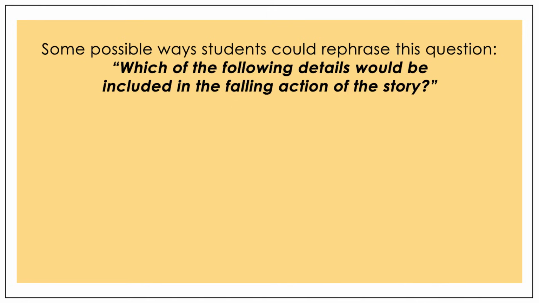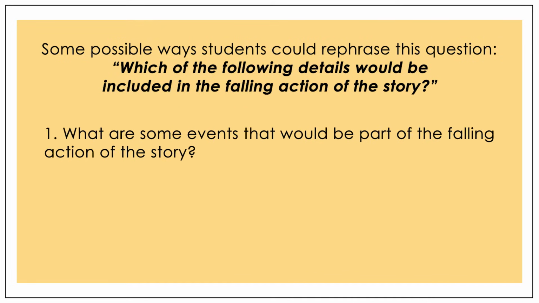So it can be helpful to come up with a brainstorm of ideas at first until students are able to confidently and quickly do this on their own if they come across a difficult question on a test. So some possible ways that students could rephrase that particular question, just so that you have an idea and you can use this with your students as an example, something like this.